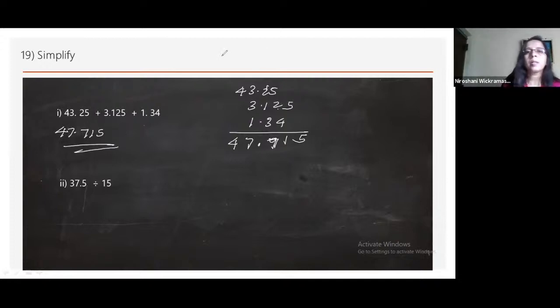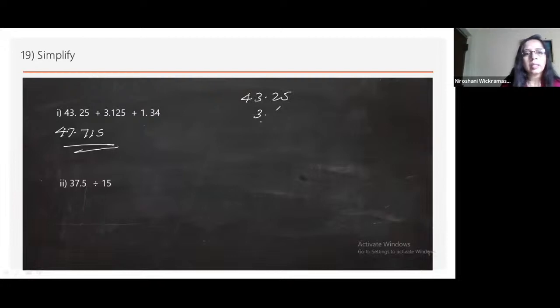When we are adding decimals, we have to write the decimal point straight in line. Again, I will add and check. 5 and 2, 7 and 4, 11, 3 and 1, 4 and 3, 7. 47.715.